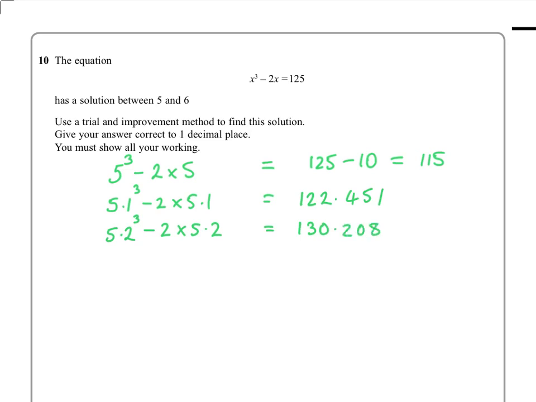Now, here's a situation. 5.1 gave 122.451, which was not enough. 5.2 gave 130.208, which was too much.